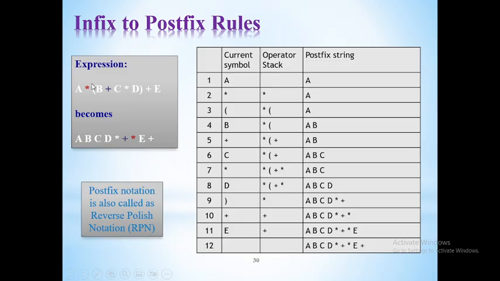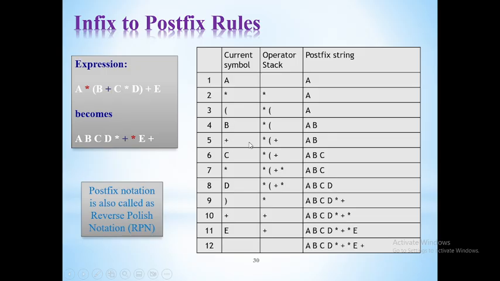Whenever the next symbol is star, this is an operator. When an operator comes into the picture, you try to pop from the stack, and you will get the postfix string a. Similarly, next is an operator, the same thing. The next is b, you insert it.